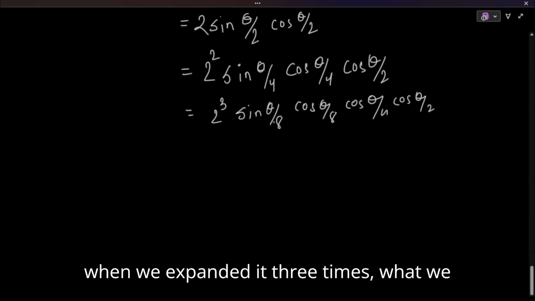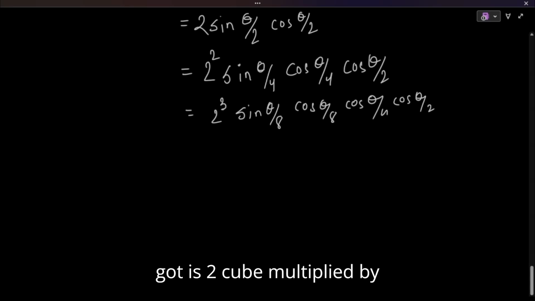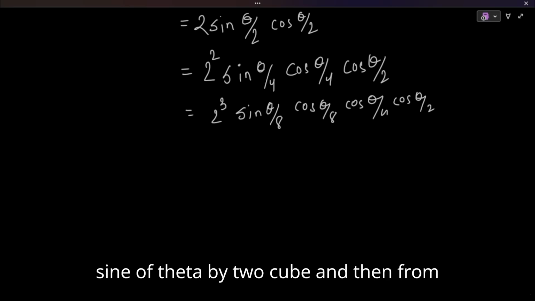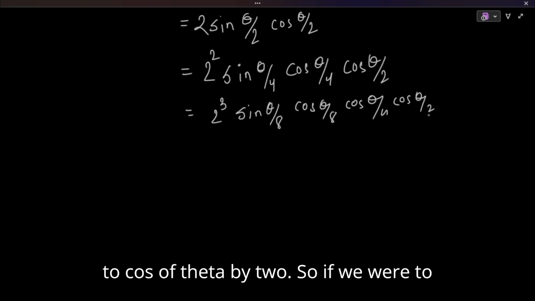So when we expanded it 3 times, what we got is 2 cubed multiplied by sine of theta by 2 cubed, and then cos of theta by 2 cubed all the way up to cos of theta by 2.